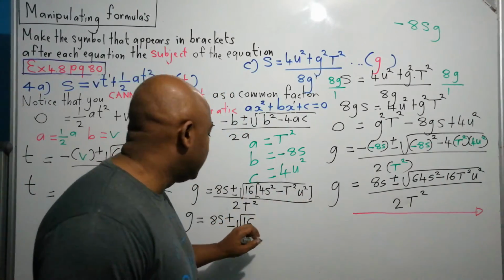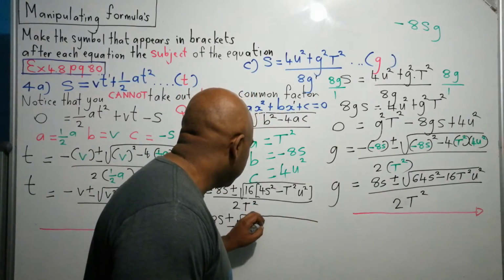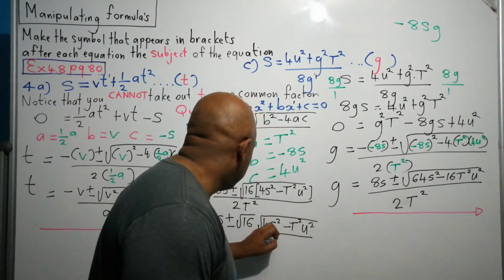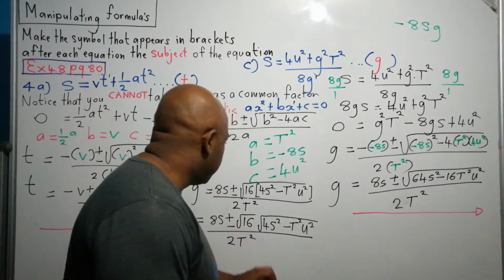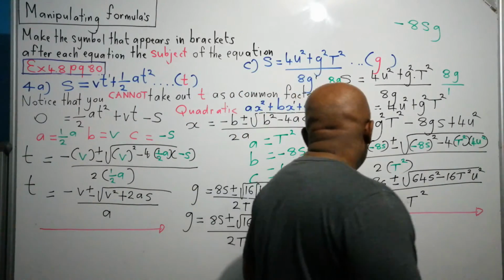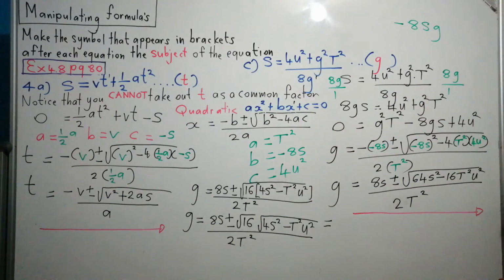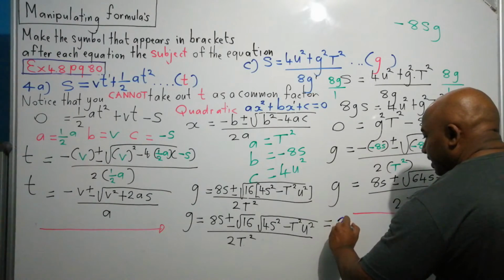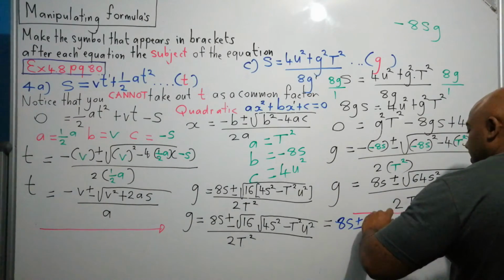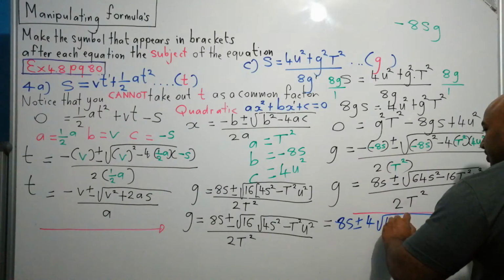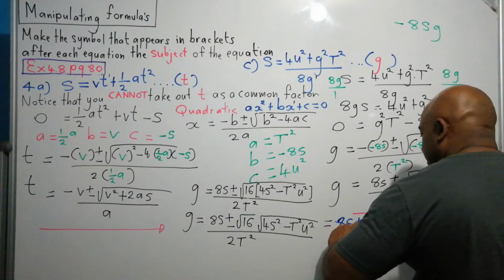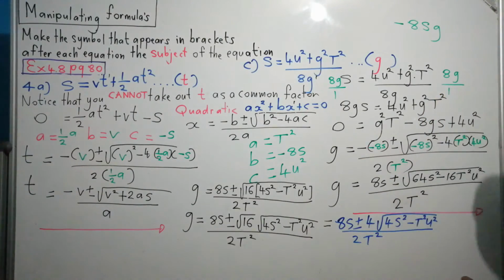Now it's 16 times everything, so it will be the square root of 4s squared minus t squared u squared, all divided by 2t squared. So now let's see what can happen here. Right, so therefore we can have 8s plus or minus the square root of 16 is 4 times the square root of 4s squared minus t squared u squared, all divided by 2t squared.